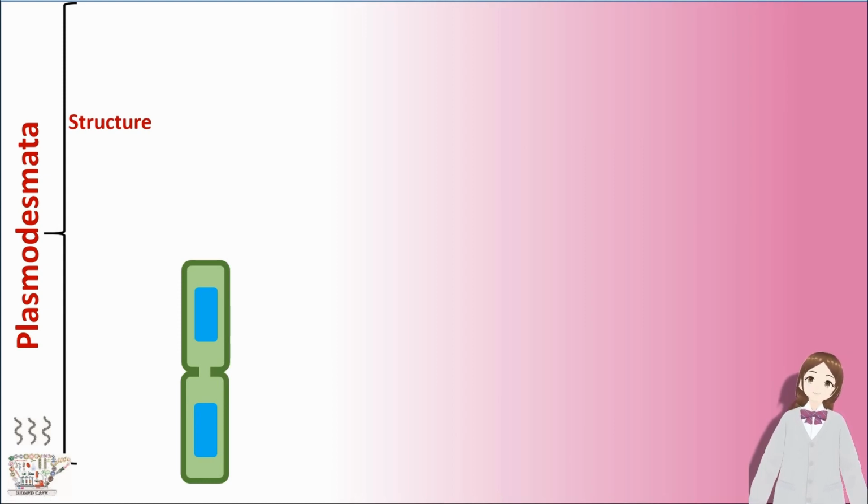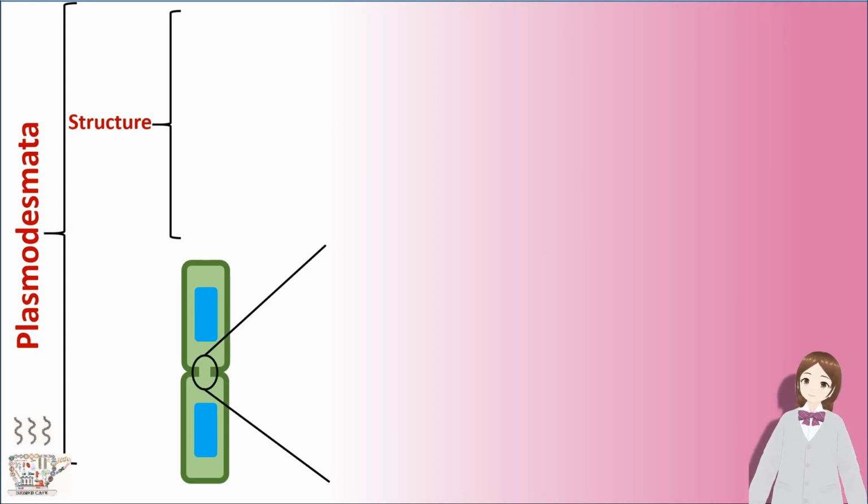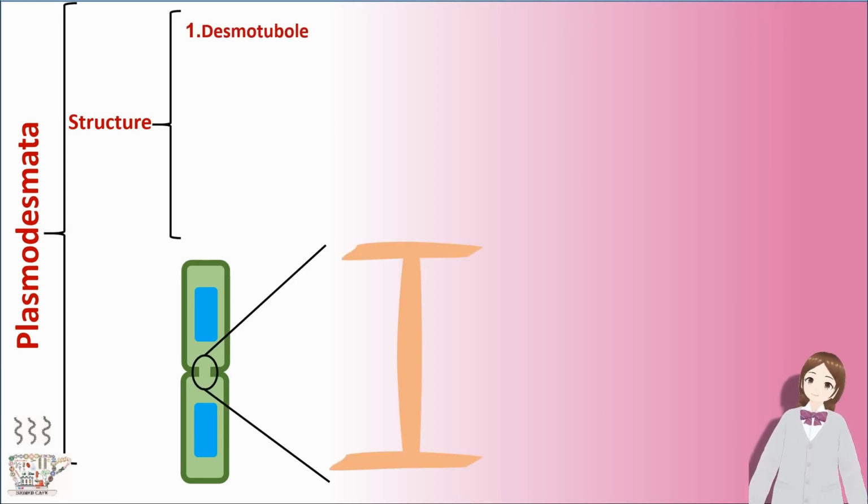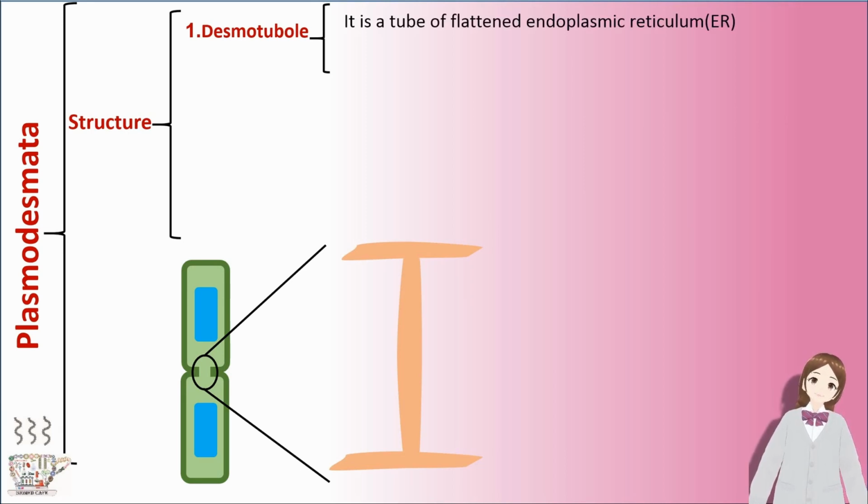Plasmodesmata have three parts in their structure. The first part is desmotubule. It's a tube of flattened endoplasmic reticulum, or ER, and it runs between two adjacent cells.